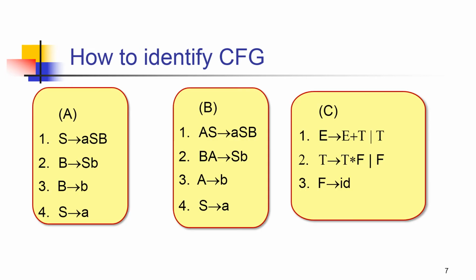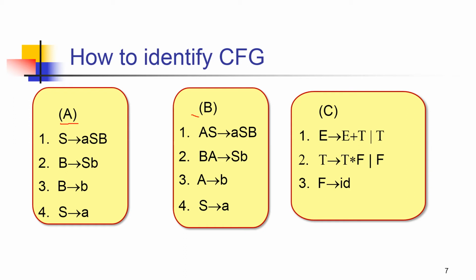Now, let's try to identify from the given rules which particular grammar is context-free. Here we have three examples in front of us. The first one says that S produces AB, A produces B, B produces small b, S produces small a.